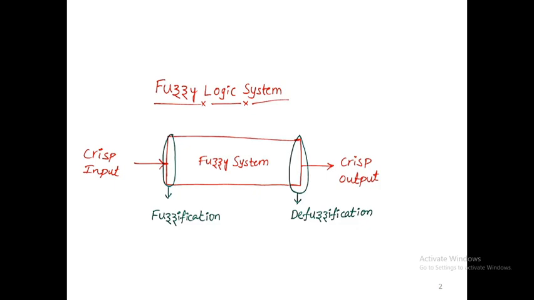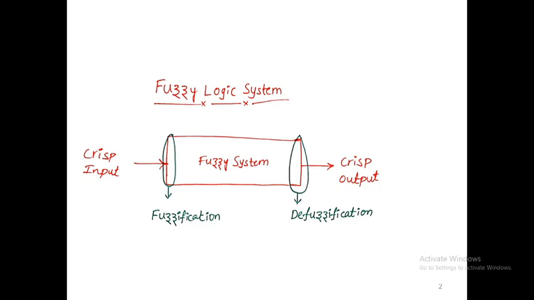If I provide that as a crisp input to the fuzzy logic system, that 5.3 is converted through fuzzification to a fuzzy value, and that fuzzy value, through defuzzification or by going through the rule based system, a rule based system means, as earlier we decided 5 to 5.5, 5.5 to 6, 6 to 7.